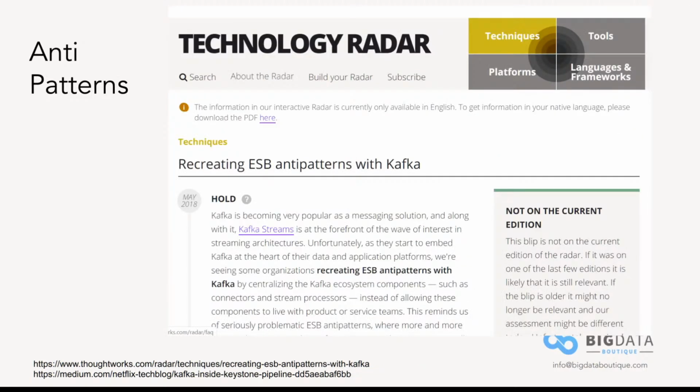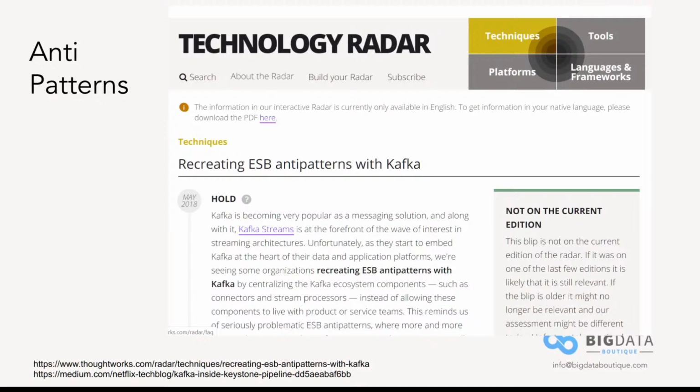Well, finally, we have reviewed several good patterns, but I would also like to speak about anti-patterns, because Kafka is not a silver bullet. You can use it for very interesting things, but you can also use it too broadly.